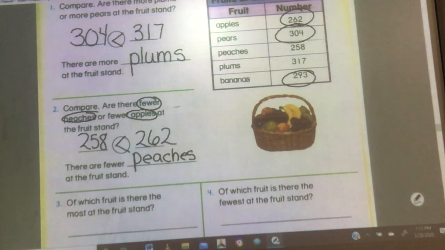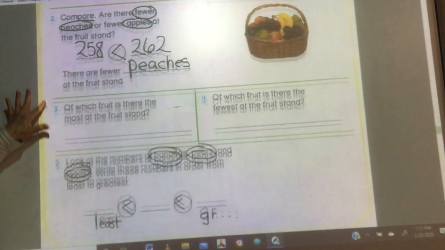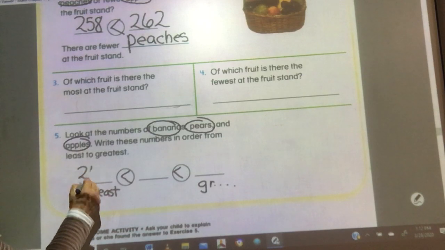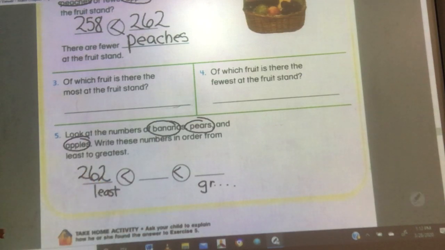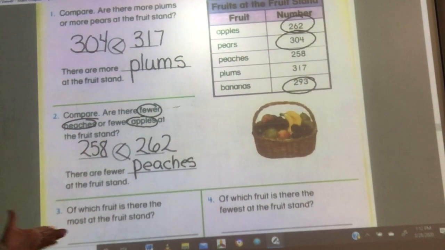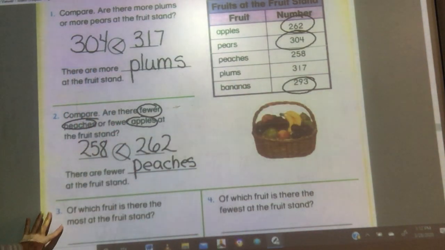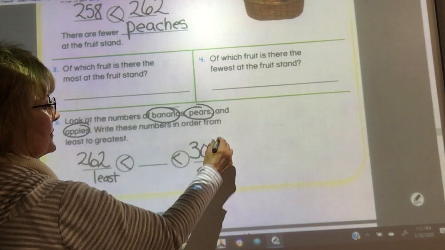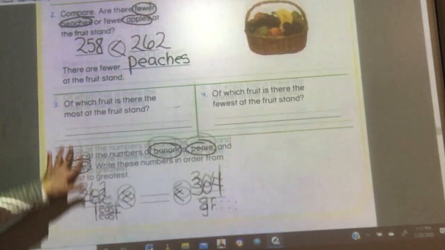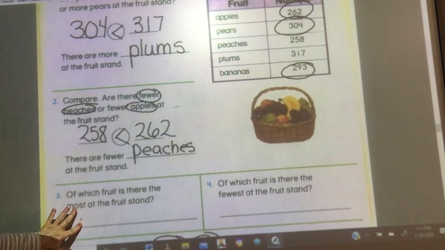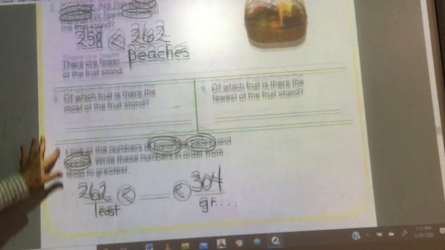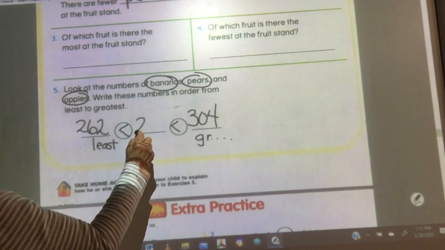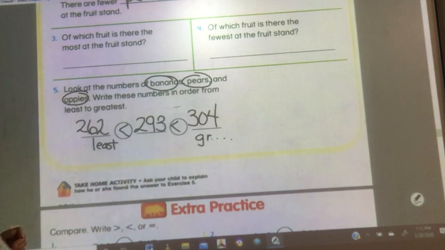So we would say apples, 262 is the least. Which is the largest number? Well, you've got a 300. So 304. And then we find the one that's in the middle, 293. Okay?